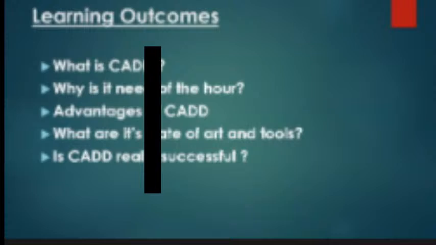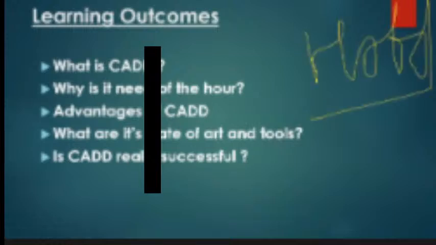Before the advent of computer-aided drug designing, what were the lacuna, what were the gaps which CAD has very successfully filled up? And what are its state of the art and tools? What are the procedures?